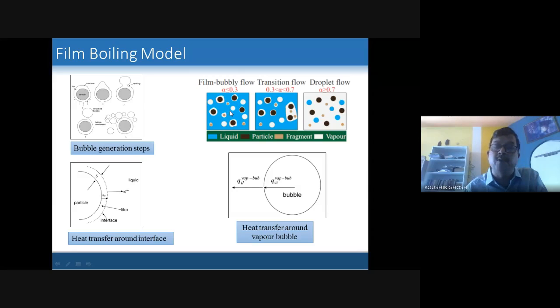So this is bubbly flow, and you can see the droplet flow where the vapor is continuous, and there are some liquid particles out of it, and the black ones are the solid particles. There may be transition flow also. Depending upon the flow, the heat transfer characteristics and the drag characteristics all change, and these are implemented depending upon the flow regime demarcation. This is employed in the code.